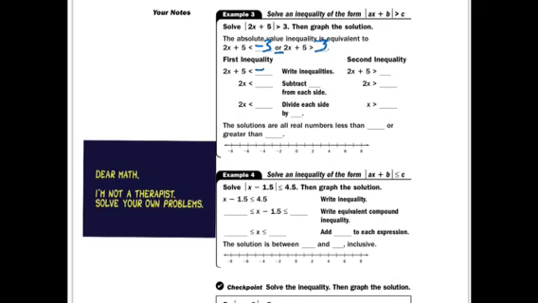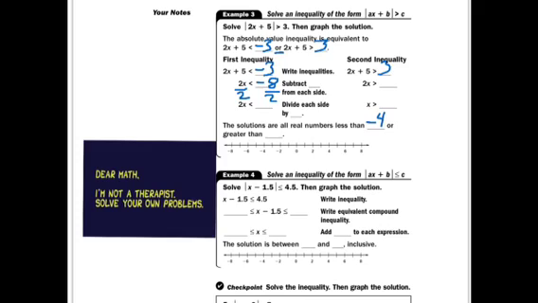So on this one, I put a less than -3 and a greater than 3, and then I solve it, and so I get 2x is less than -8, and I divide by 2, and I get x is less than -4 if I divide everything by 2 here. Okay.